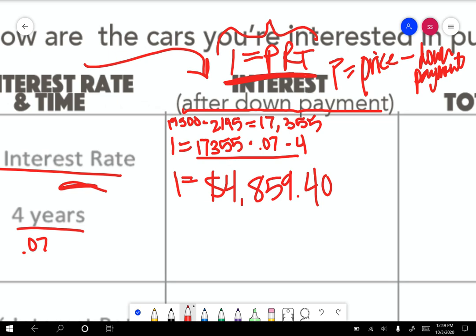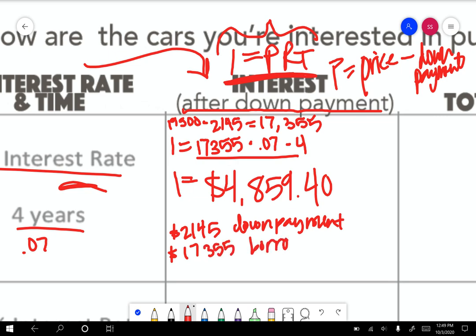Well, it means you're paying $2,145 as a down payment, right? So you're paying that upfront in cash. You're borrowing the rest of the amount of the total price. So that's the amount you're borrowing.